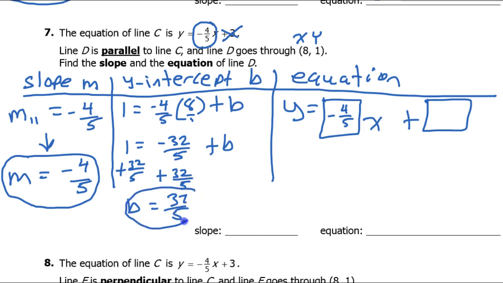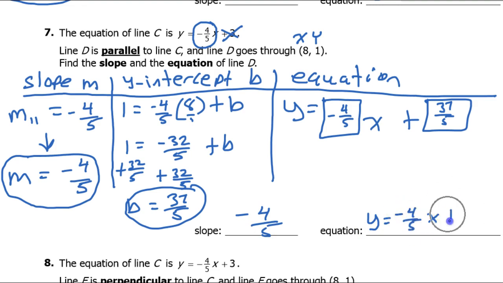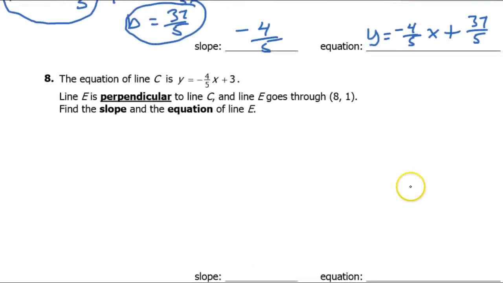Okay, so 37 over 5. So the slope was negative 4 over 5, and the equation is y equals negative 4 over 5 x plus 37 over 5.